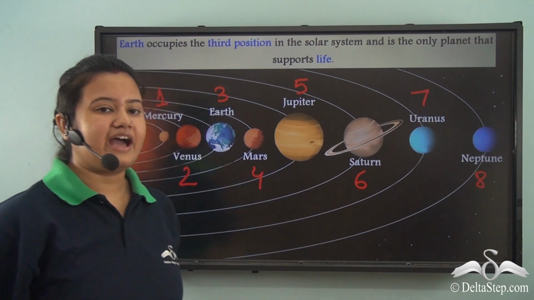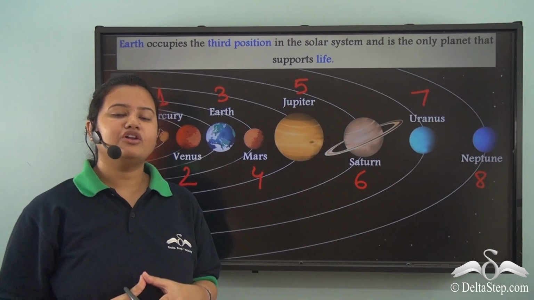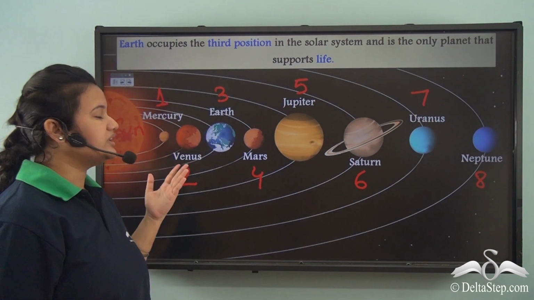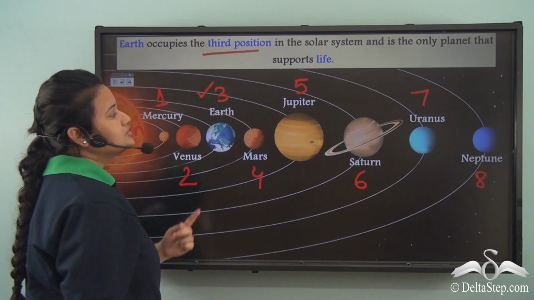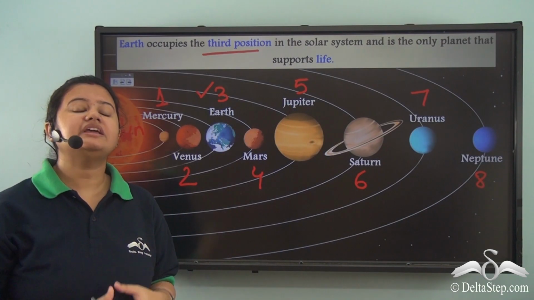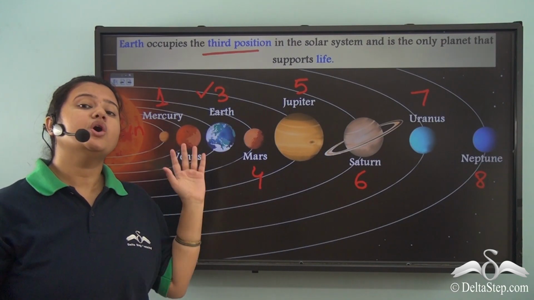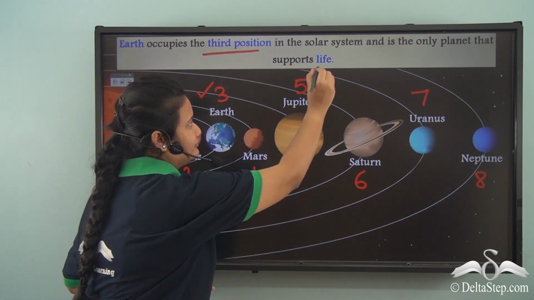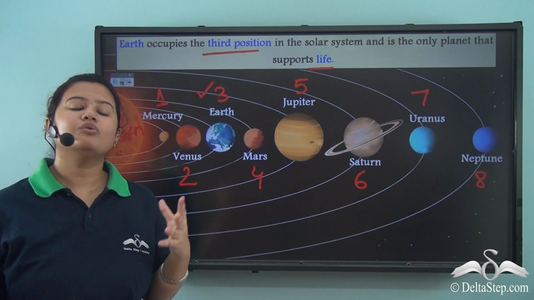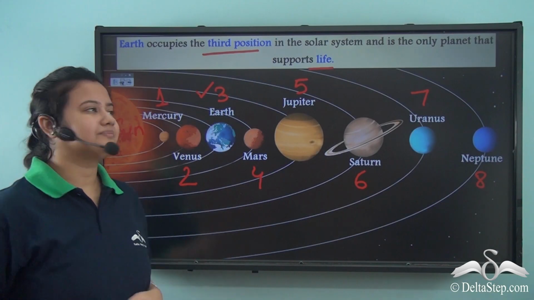So see, we have 8 planets revolving around the Sun, and as we can see here, Earth occupies the 3rd position in the solar system. Now our planet Earth is very unique because it is the only planet in the solar system that supports life. Let us now know more about our planet Earth.